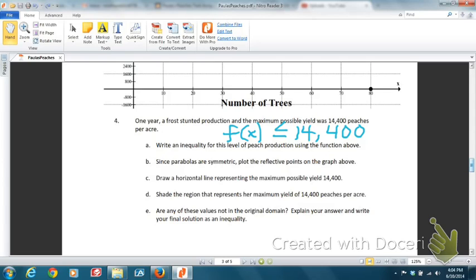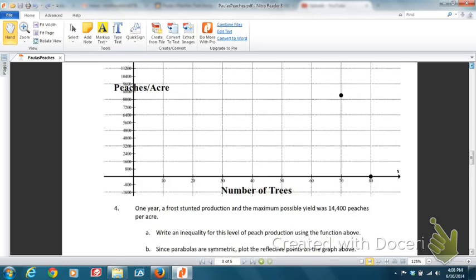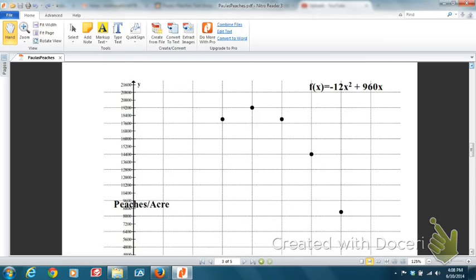In B it says, since parabolas are symmetric, plot the reflective points on the graph above. Now, symmetric, what does that mean? We're going to go back up to the parabola. Symmetric means that when you fold it in half, you're going to see the same thing on both sides.